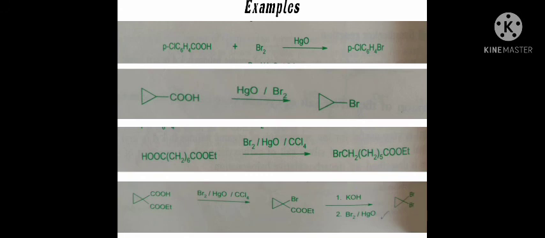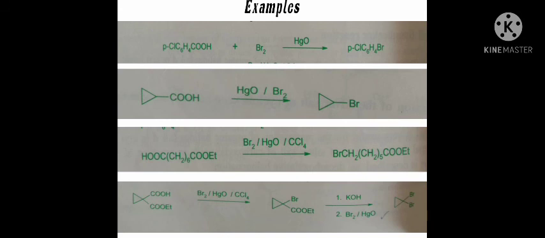So this is the right product. Now the fourth example. Likewise, there is an acid group as well as an ester group. We place bromine in the place of the acid only, not in the ester place, but here we use KOH, Br2 and mercuric oxide, because this is the Simonini reaction.